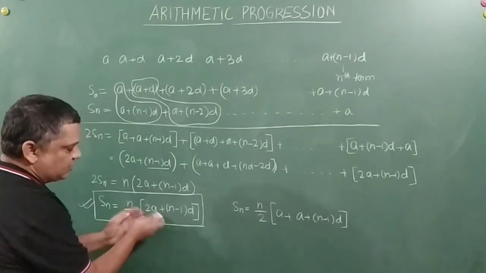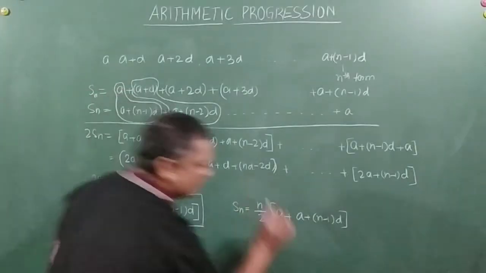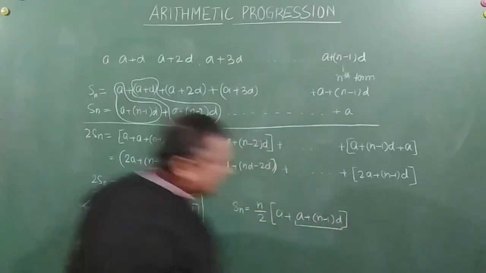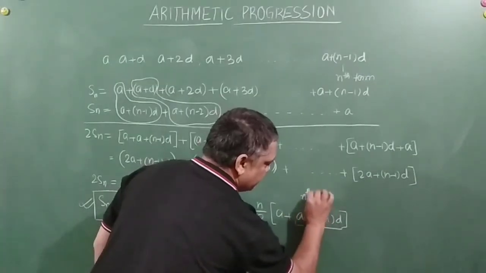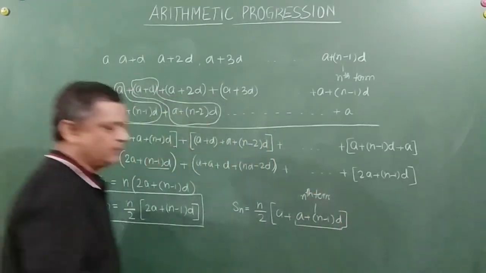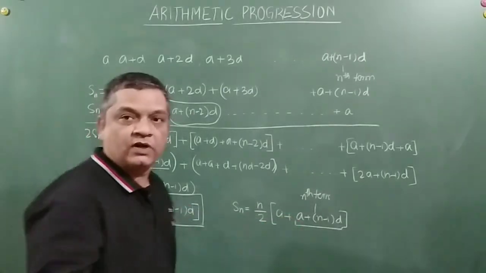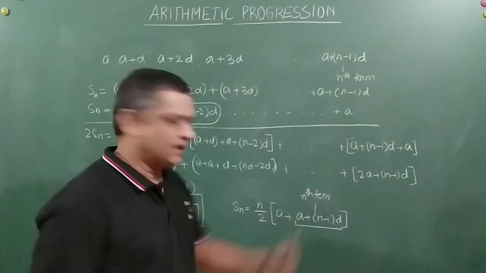I have just split 2A into 2 parts, A plus A, right? Now friends, if you look at it carefully, this is nothing but your nth term. Nth term of the series, right? Nth term is what? A plus n minus 1D. Correct? We have understood it in the last class.